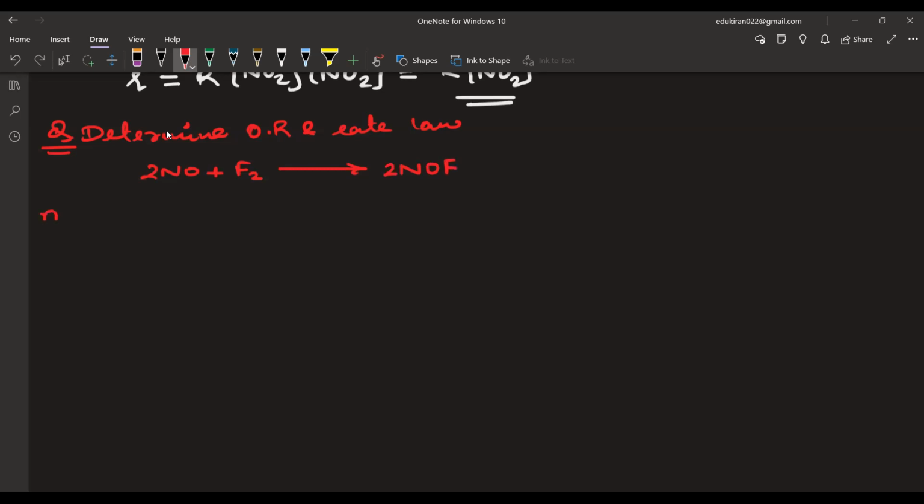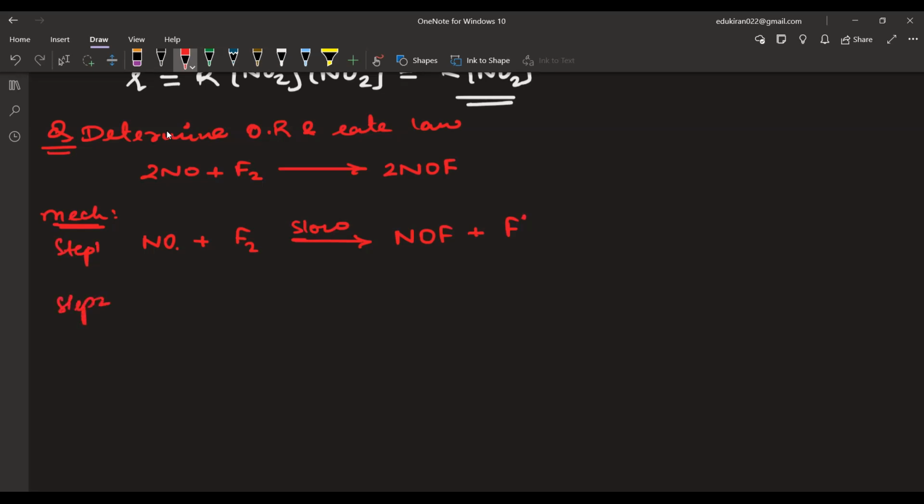The mechanism that they have given is, suppose you have here NO and it reacts with, first of all, F2, and it will give you NOF plus F free radical. Okay, this is slow. This is the first step.